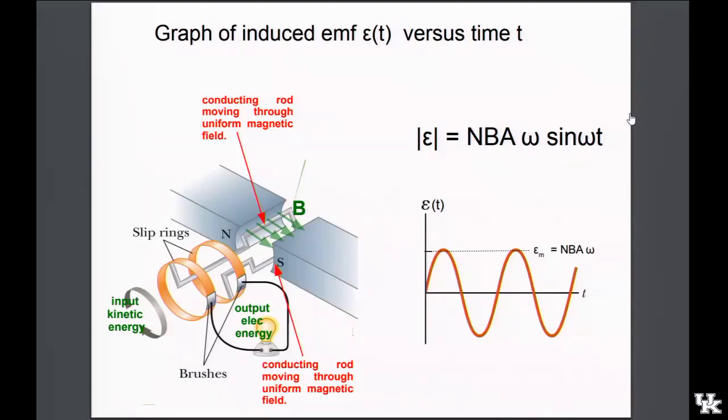So that's a very different feature of this rotational generator compared to the translational generator. This one's creating a sinusoidally varying, an oscillating induced electromotive force. The translational motion example, as long as you could push the rod at constant velocity, created a constant induced EMF, constant induced current.